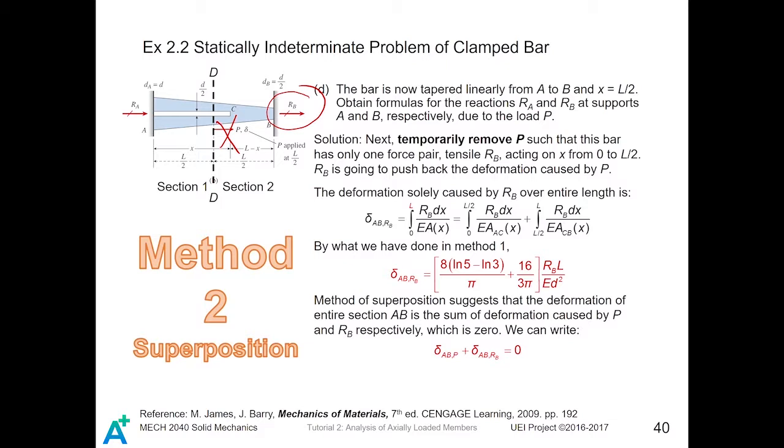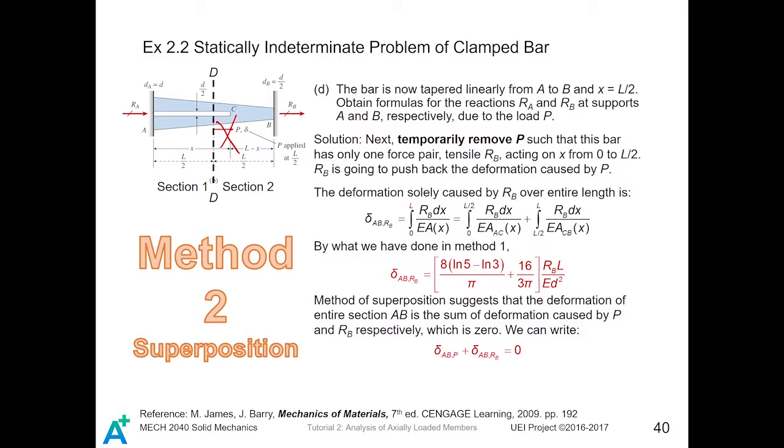Since RB is tensile over the entire section, we put RB in both integrals for AC and CB. For section AC we put the area of AC, and for section CB we put the area of CB into it. By what we have just found, for section AB, we put those two results together.